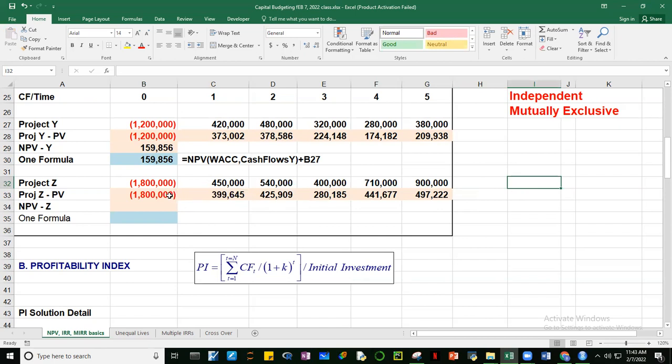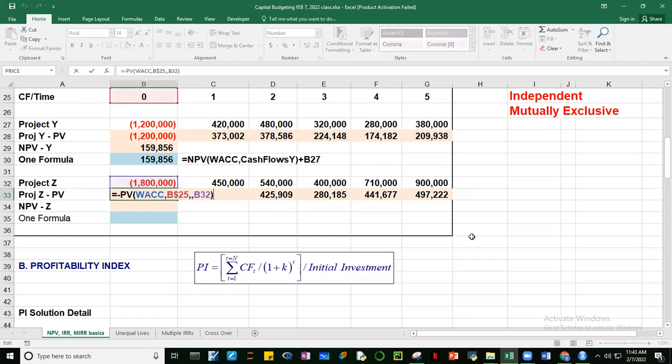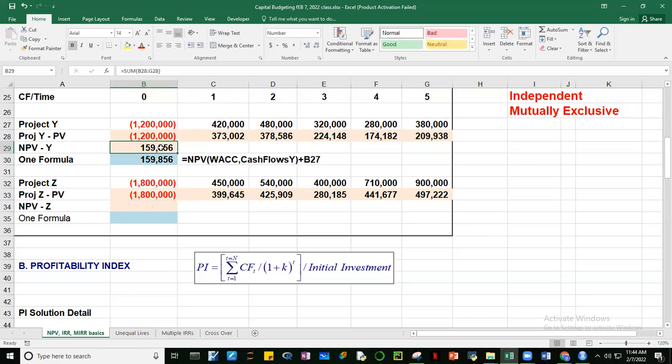Okay. So this is our formula for project Z. Then once again, we can copy this, Control C, Control V. Pwede natin i-copy na lang. Sinam up lang naman to, no?